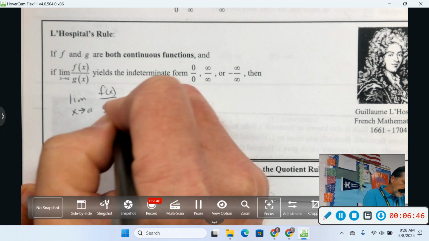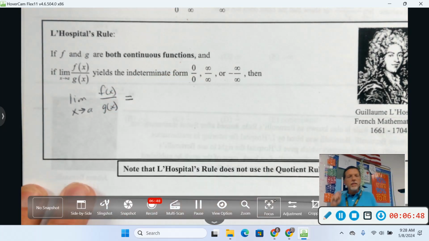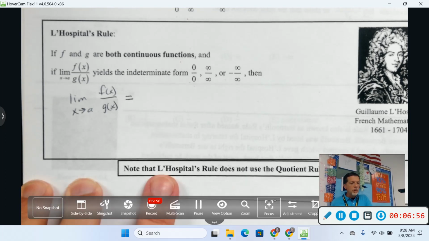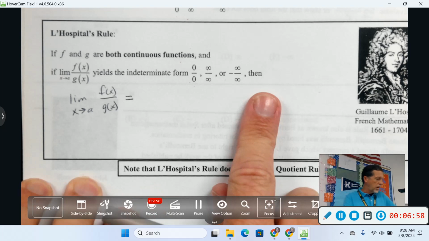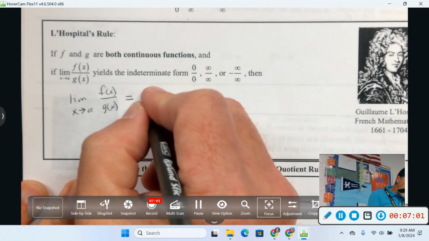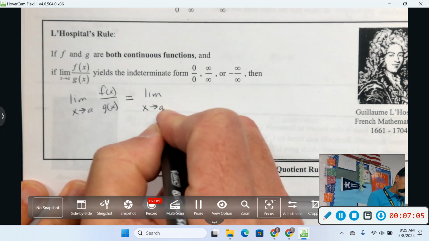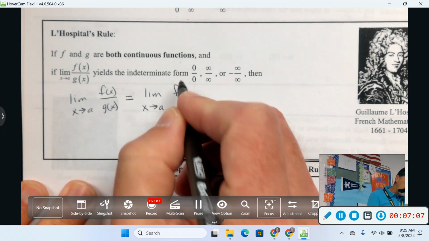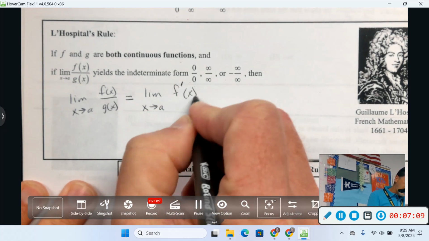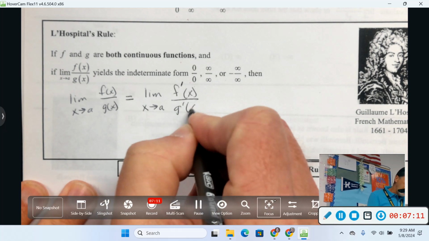There's our original limit that we couldn't get: the limit as x approaches a of f over g. If you get one of these indeterminate forms, then this also equals the limit as x approaches a of f prime of x over g prime of x.